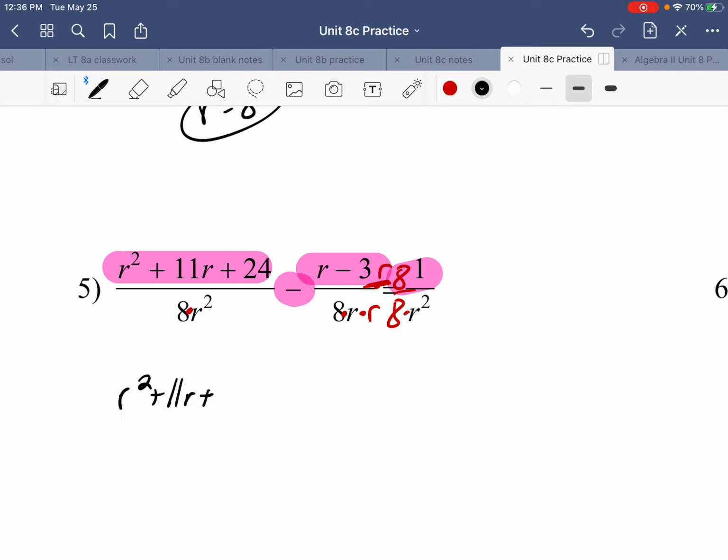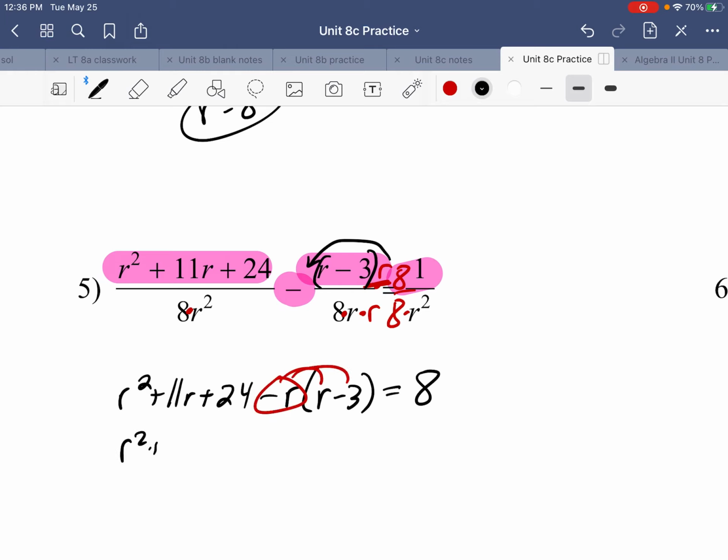So our first numerator we can keep the same. I'm going to put the r in front of the r minus 3. And that equals 8 times 1 is 8. We need to distribute this negative r to get rid of the parentheses. Now equals negative r squared plus 3r equals 8.